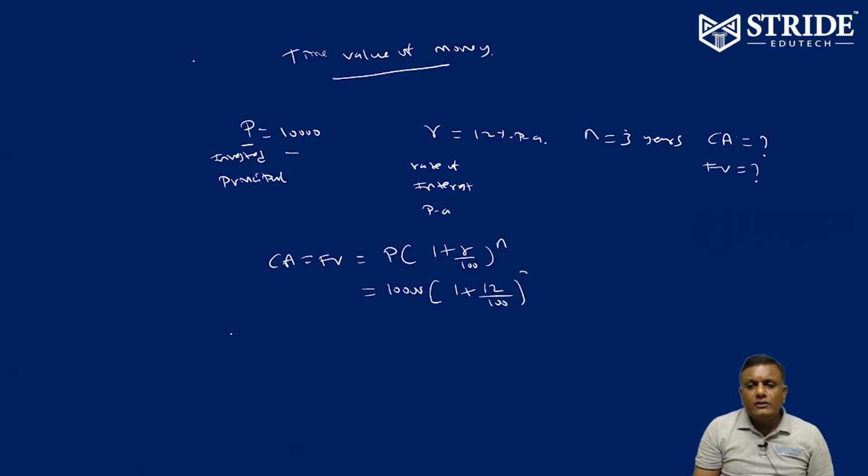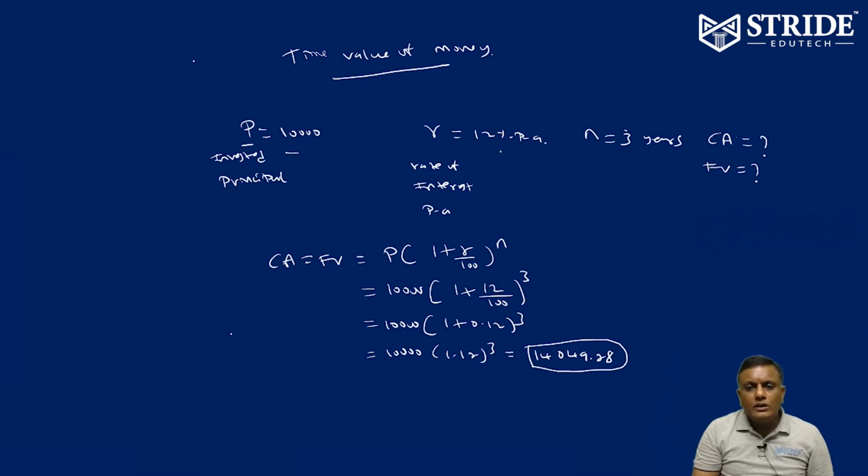How many years? 3 years. On simplification, 10,000 into 1.12 whole power 3, we will be getting 14049.28. This is the amount that will be matured after 3 years if it is compounded per annum.